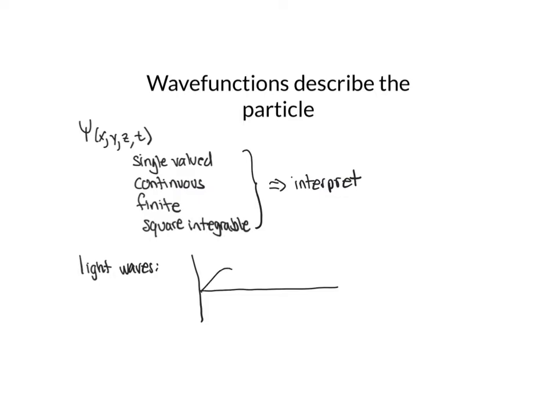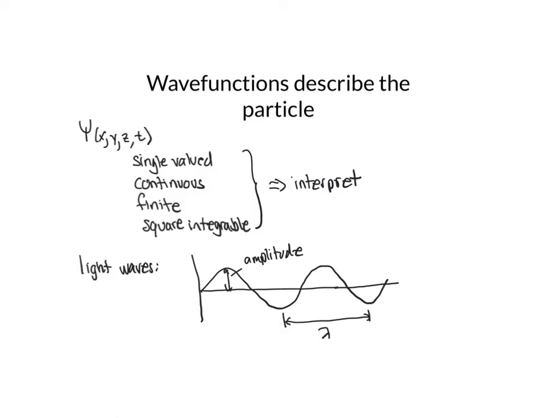So we'll draw a sine wave here. So it's a periodic function, right? And it has some amplitude, and it has a wavelength associated with it, and it has a frequency, how fast it goes from one peak to the next peak.